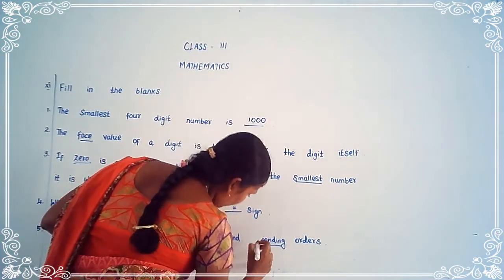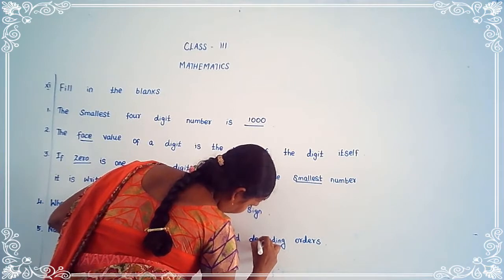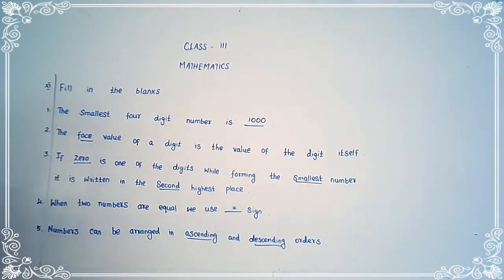Ascending order means we have to arrange the numbers from small to big. Descending order means we have to arrange the numbers from big to small. Yes or no, ma? Yes, okay. Numbers can be arranged in ascending and descending orders.